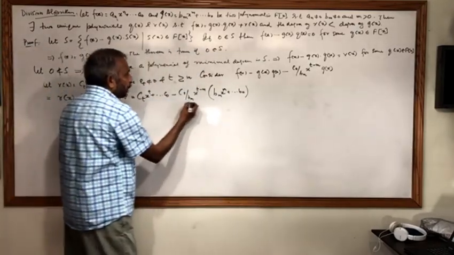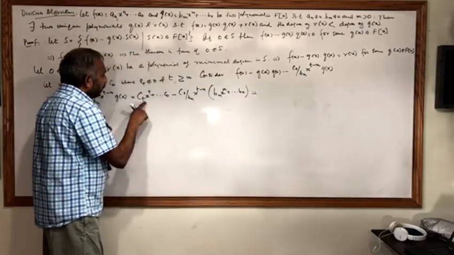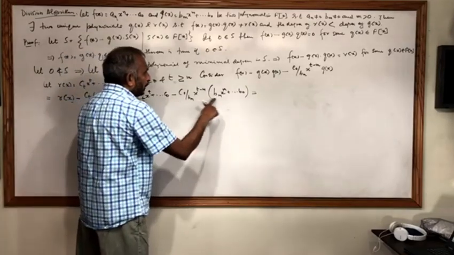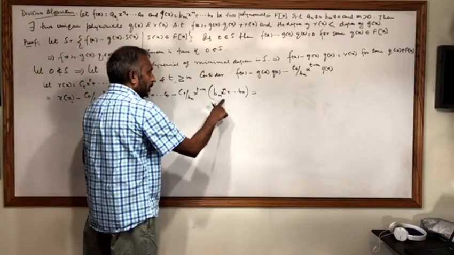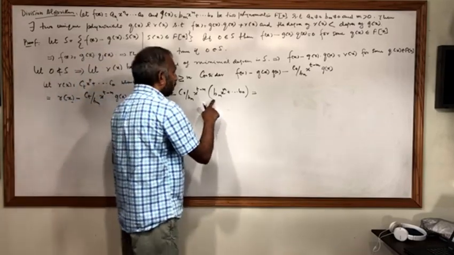So when you expand this one, you will get ct x to the power of t, and here if you multiply, this will be ct x to the power of t. So both the ct x to the power of t terms cancel off. So what is going to remain?